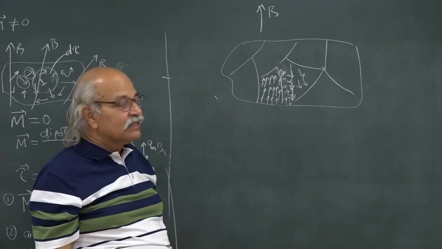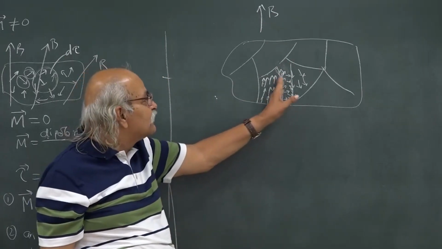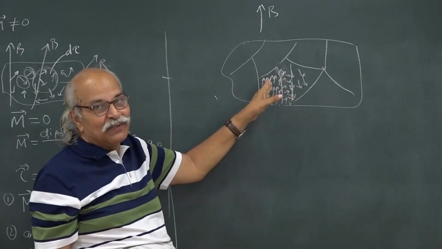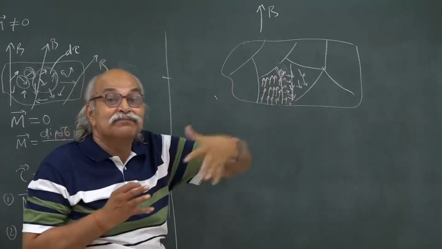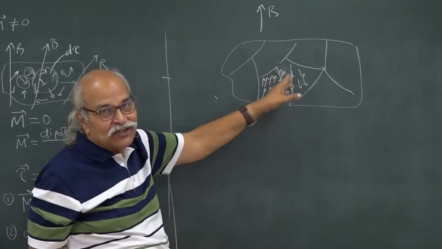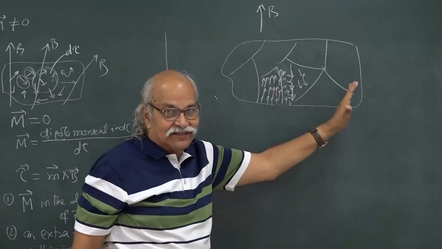So what will happen? This domain wall has shifted. What was in the wall now becomes a part of this domain. So this domain has expanded, and this domain has shortened, because the domain wall has shifted.